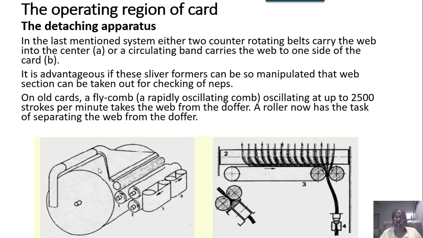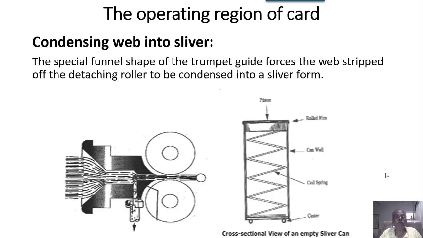We have already seen the detaching apparatus in the previous diagram. We don't have any oscillating doffer comb here, but we have a proper doffing system, either a center collection system or an asymmetric one-sided collection system. Each has its own advantages and disadvantages.